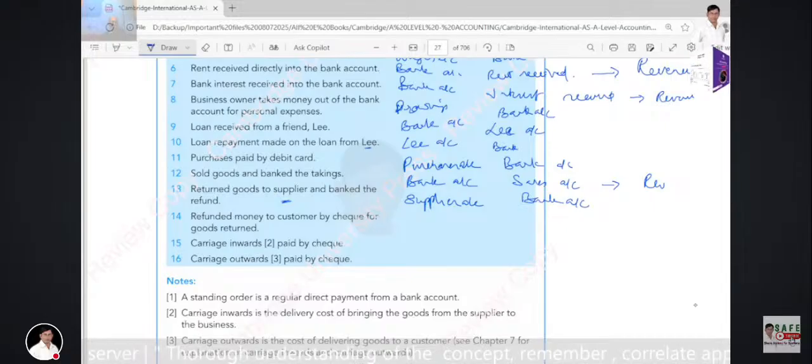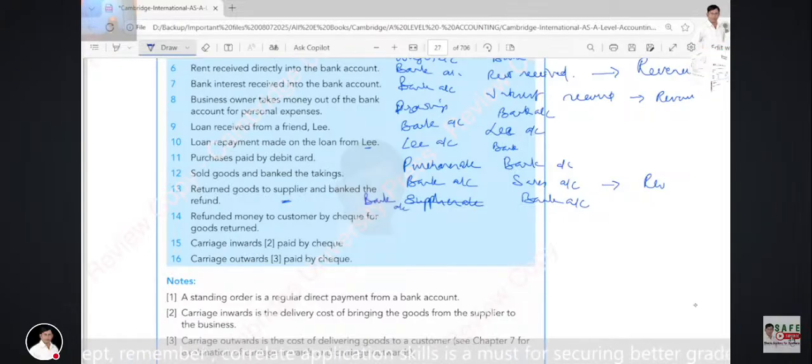So credit the giver, debit the receiver. Return goods to supplier and bank the refund. You are receiving the refund, so what we have to do is receive. We are receiving, so bank account will be debited.